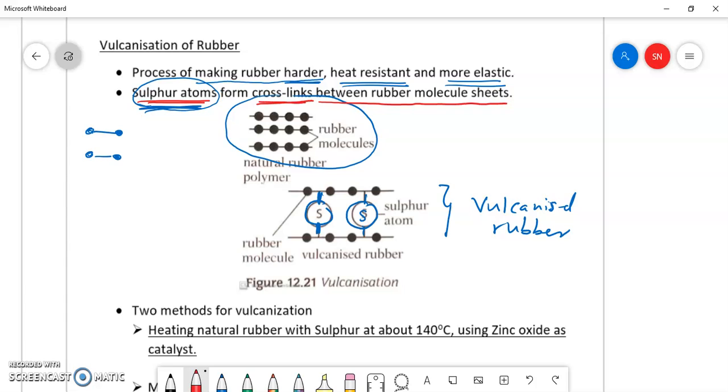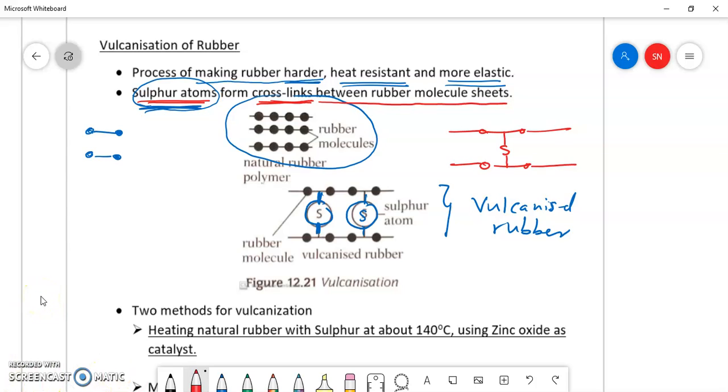This is a cross link because you have a rubber molecule sheet like this and another rubber molecule sheet like this, and sulfur forms a cross link between the two. This prevents it from breaking too easily and allows it to be more elastic. That means when you stretch, the links will pull the rubber back into its original shape or length. So that is called vulcanization.